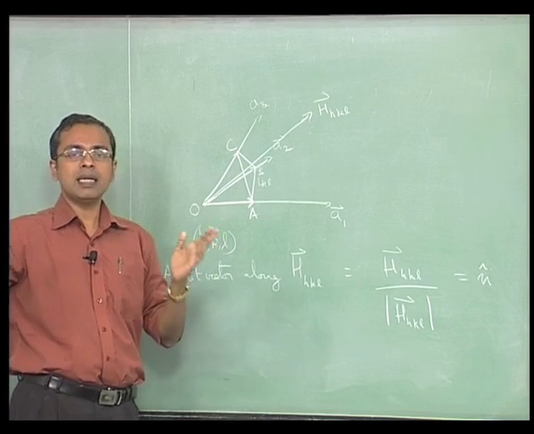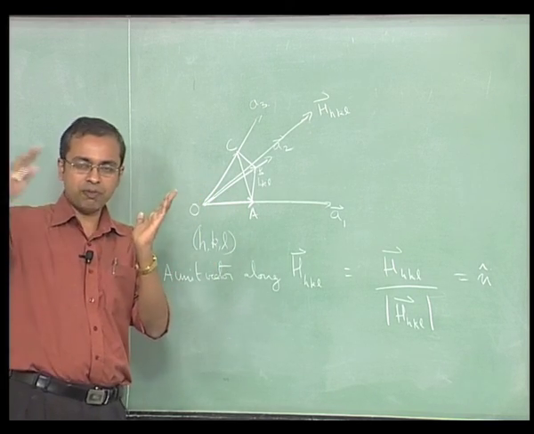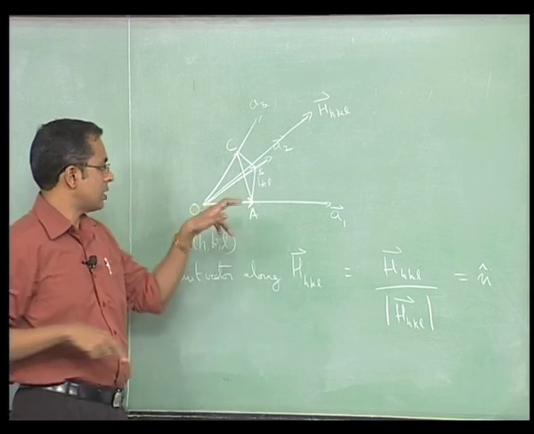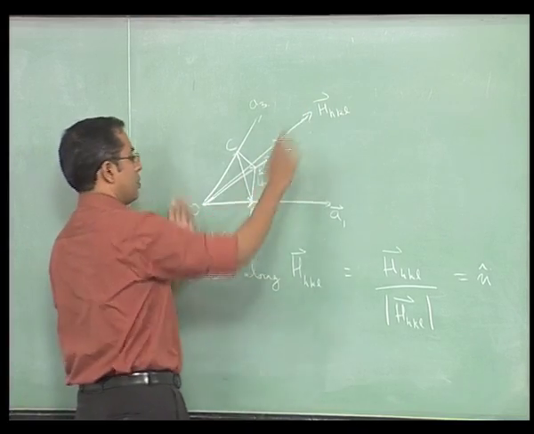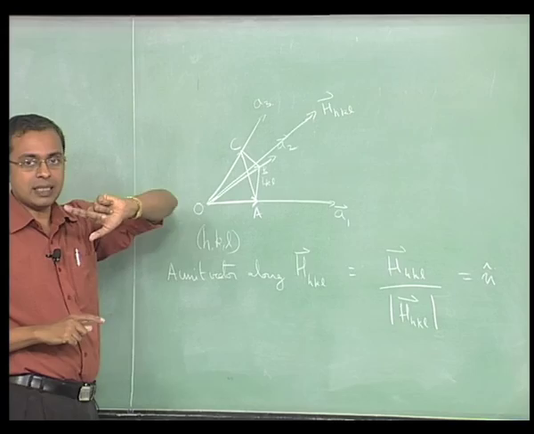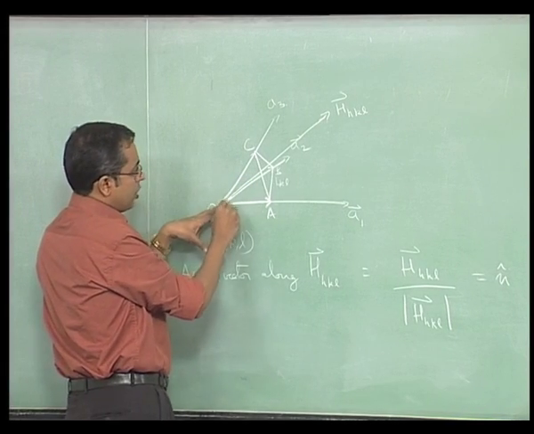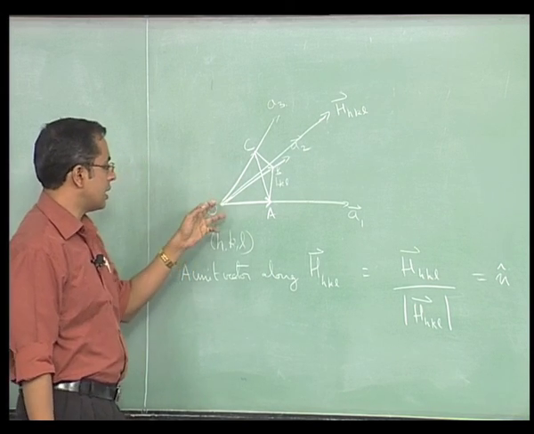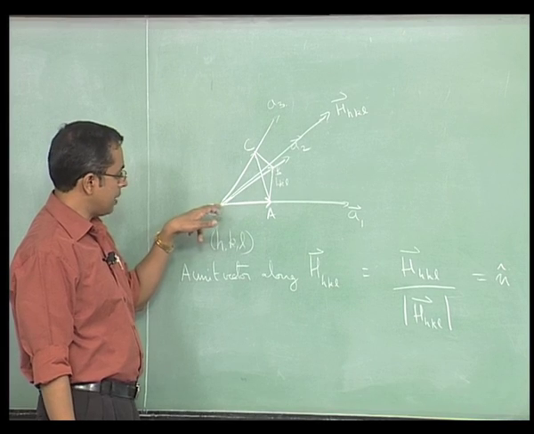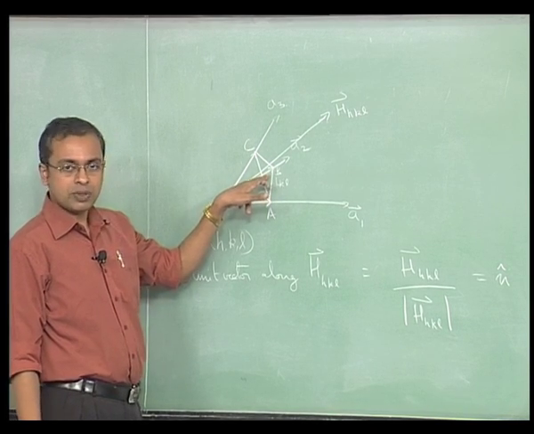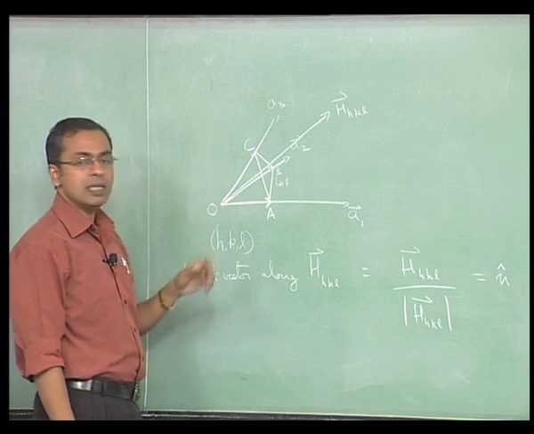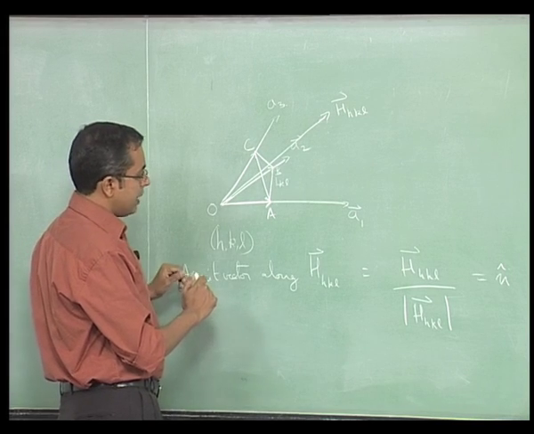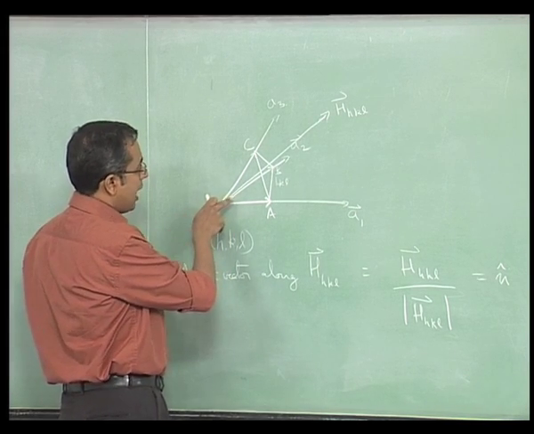When you say an HKL plane, it is not just a single plane, it is the set of parallel planes. We take the one closest to the origin and take its intercepts, and that is how we come up with HKL. So the spacing between the HKL planes is simply the distance between the origin and this HKL plane, the closest perpendicular distance, which is d HKL.